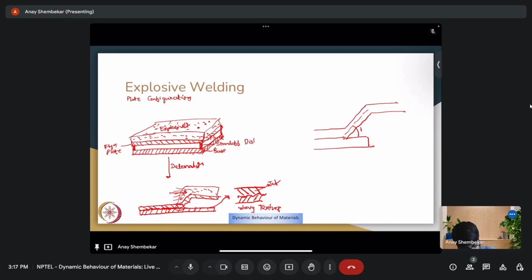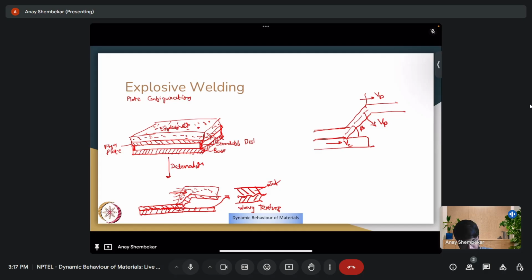It's a dynamic bend angle beta. This is collision velocity Vc. This is the detonation velocity Vd. And this whole thing converges downwards with some impact velocity, plate velocity Vp.